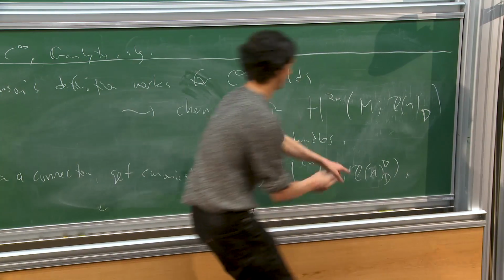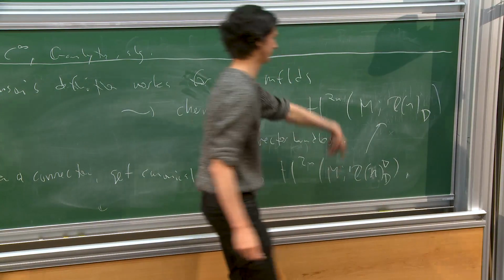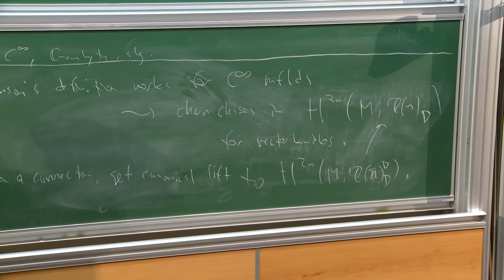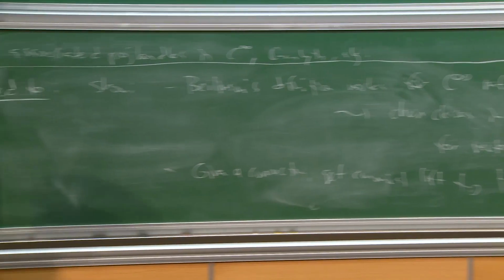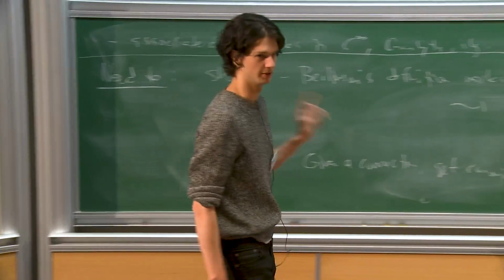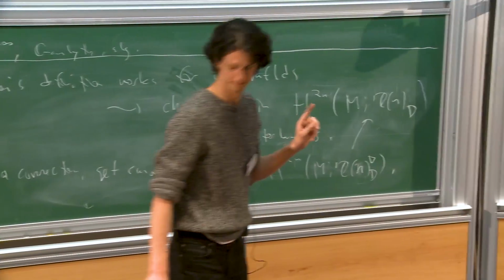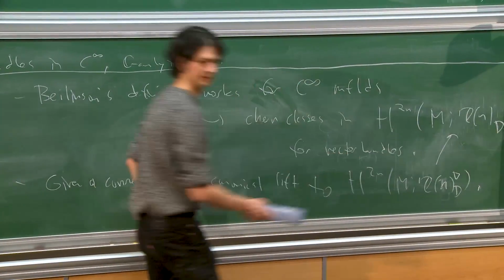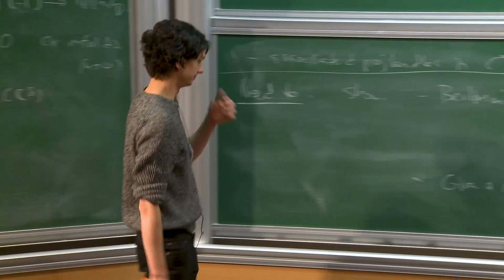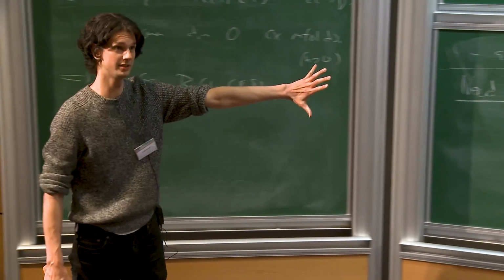So here we took the 2n stage of the Hodge filtration, there we took the n stage, but otherwise they're exactly the same. Given a connection, an arbitrary connection. This was where differential characters live. Yeah, and then if you can do this, then you're done.